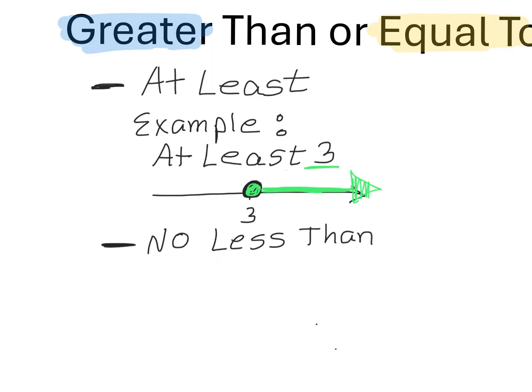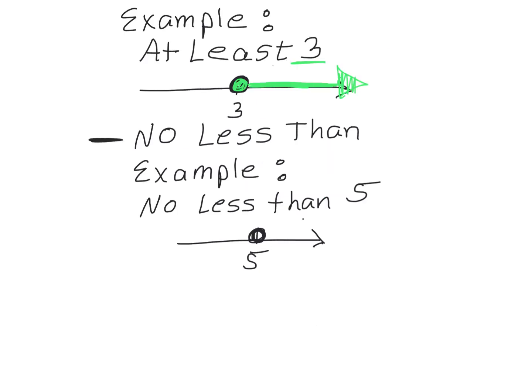Another expression is no less than. So because of the word less, sometimes again we think that it would be a less than, but it is not. So the no less than means that it cannot be numbers that are less, but instead numbers that are 5 or greater.